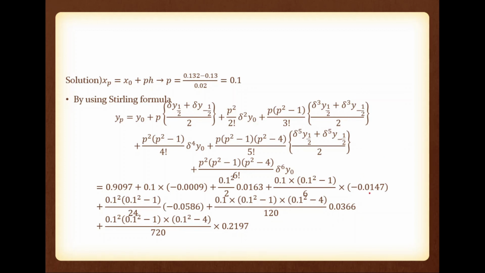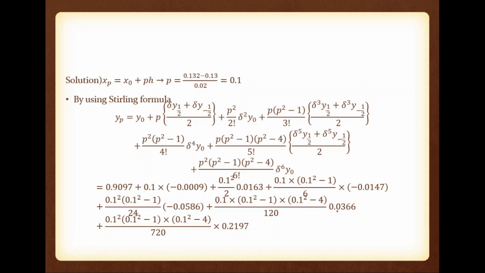That is minus 0.0147, plus p square into p square minus 1 divided by 4 factorial, that is 24, into theta raised to 4 y0, which is minus 0.0586, plus p into p square minus 1 into p square minus 4 divided by 5 factorial, that is 120. This is 2 square, that is 4.